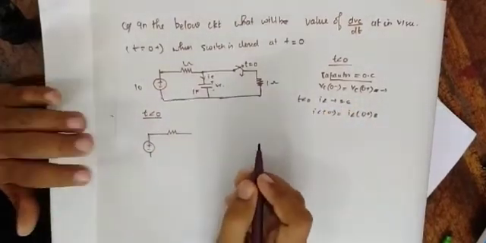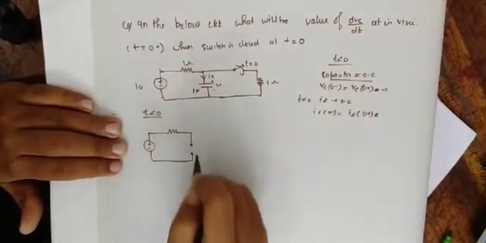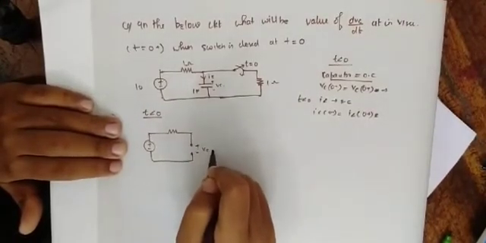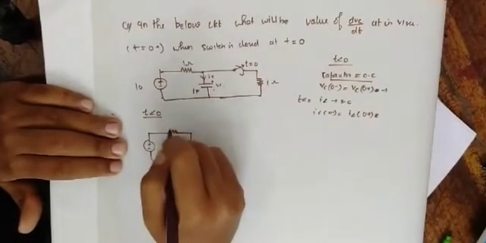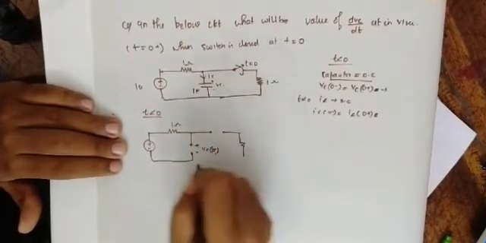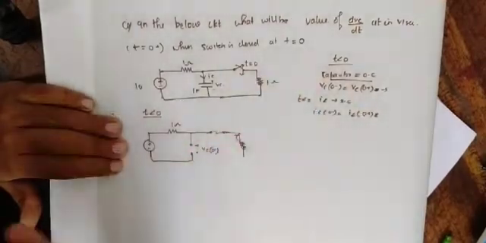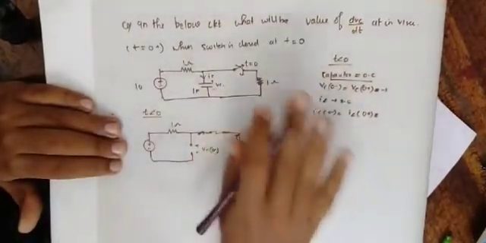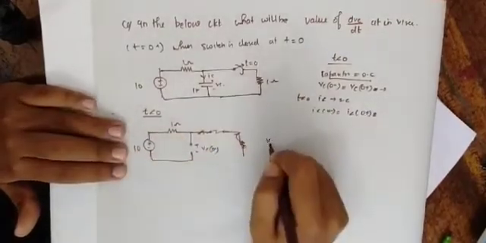Capacitor will act as open circuited, so it will be Vc of 0 minus, and 1 ohm. No current will be flowing over here, so I am not going to draw that because it is open circuited since the switch is not closed.